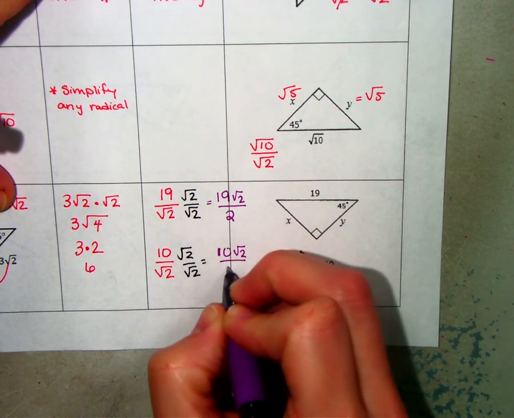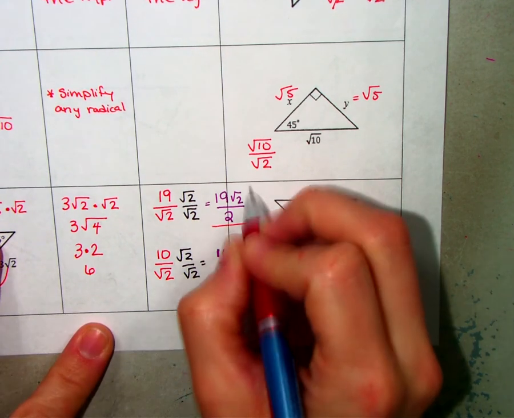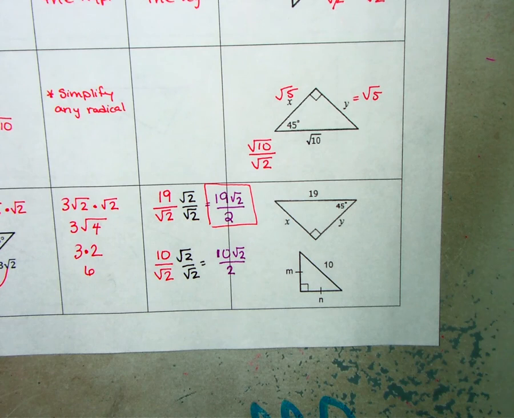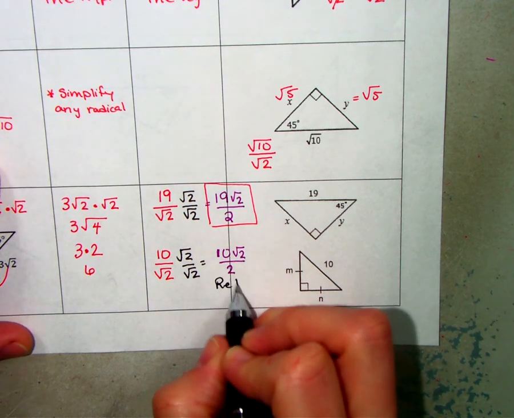So I just put 2 on here to reiterate the fact that if this number 19 is odd and it can't be divided by 2, you're done. You get to be done. But if that number happens to be even and it can be divided by 2, you should go that one more step to divide it. So the one on the top here, this 19 radical 2 over 2, that one is done. This one down here, we should reduce that to be 5 radical 2, and then we get to be done.